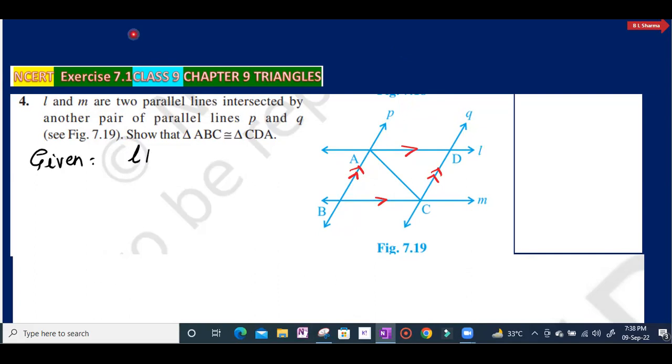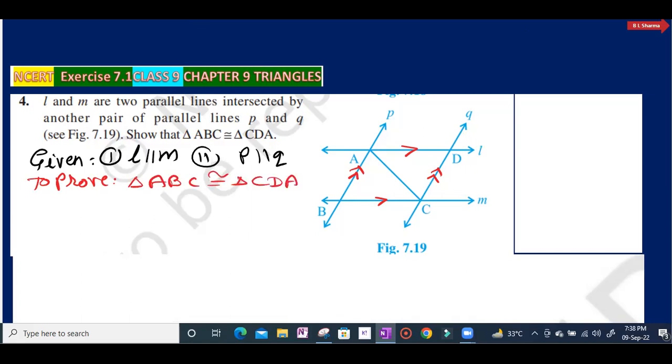Line L is parallel to M, number 1, and line P is parallel to Q. To prove, triangle ABC in this figure is congruent to triangle CDA. We have to prove that triangle ABC is congruent to triangle CDA. Yes. So here is the proof.